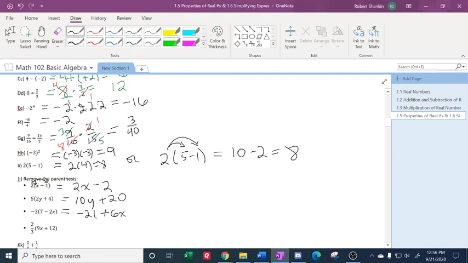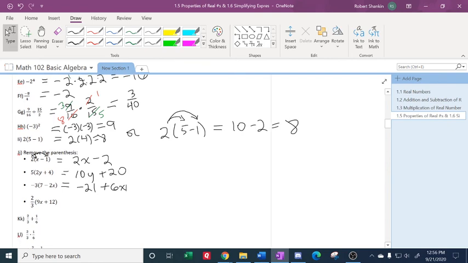And then the last one, we make fractions out of each of these. If it's not over 1, it's a whole number, not a fraction, we just put it over 1. Then we distribute the 2/3 to both. So when we distribute the 2/3 times 9x over 1 plus 2/3 times 12 over 1.